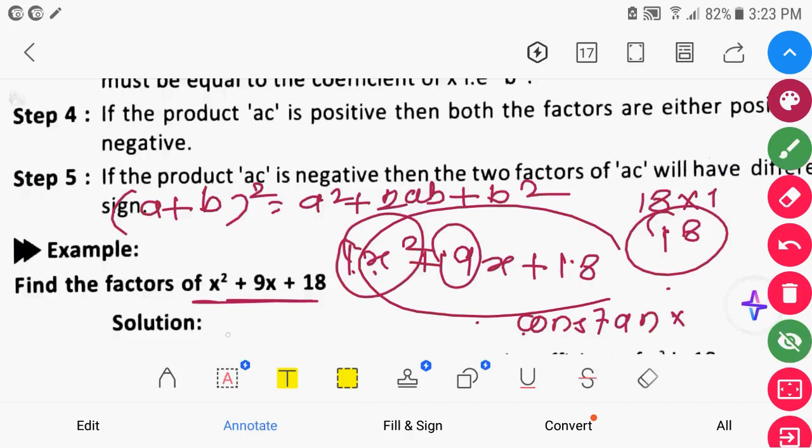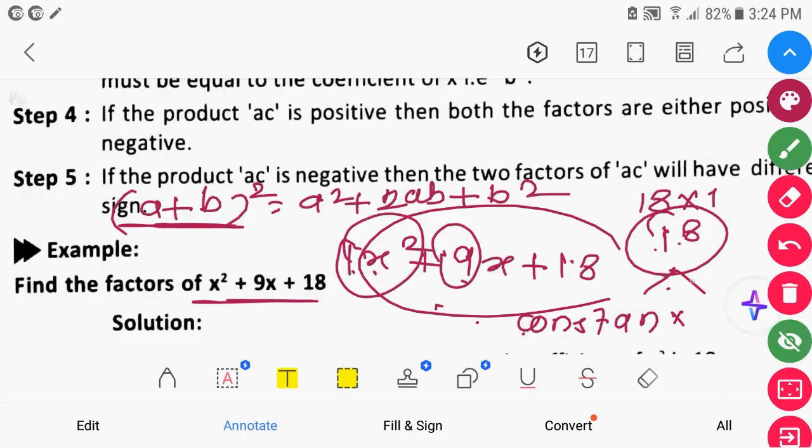This equation is nothing but a square plus 2ab plus b square, and we have to find these two terms, a plus b or a minus b, whichever is there, or a plus c, you can say, with another coefficient. So you have to find the factors of this 18 such that its addition should be 9.